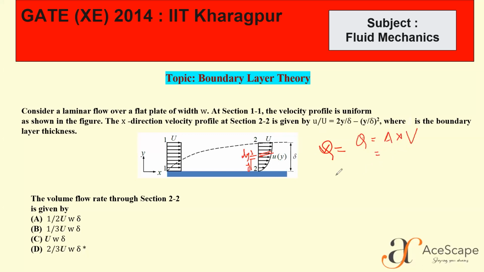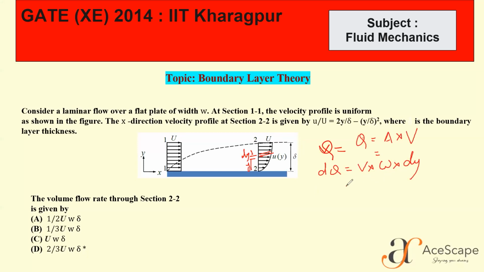Then through that element, the volume flow rate dq is nothing but the velocity at that point into area. What is area? Area is nothing but W into dy.